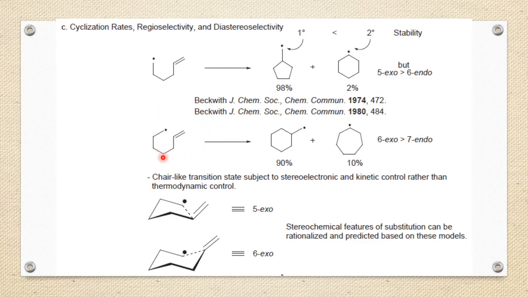And this is another one wherein you have an opportunity to make a 6-membered and a 7-membered ring. Herein again it follows the same pattern, because 6-exo is more prominent than 7-endo. And a chair-like transition state can be responsible for the stereoelectronic and kinetic control of these compounds.